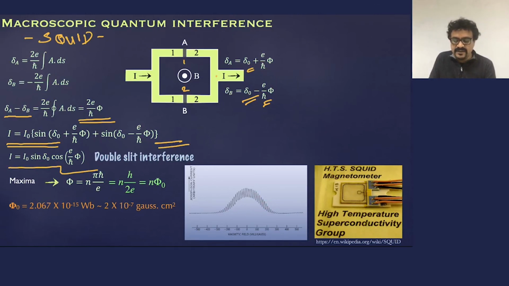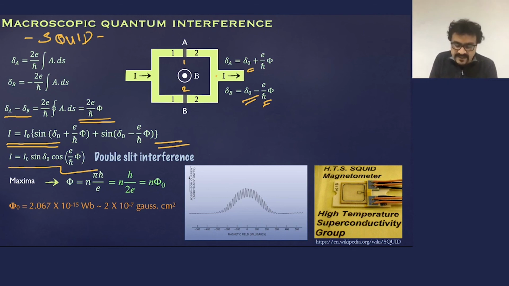Okay, h by 2e is basically the magnetic flux quantum phi 0. That means whenever the field through this ring changes by phi 0, that is h by 2e, you will get a full oscillation of the current.